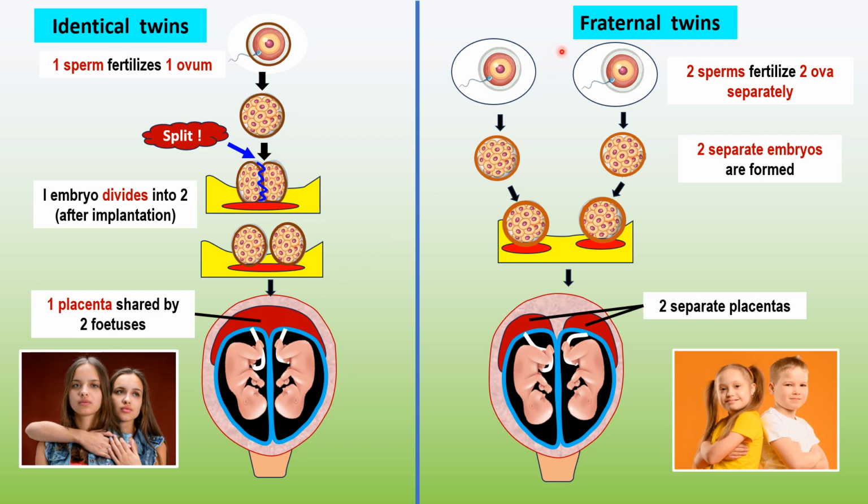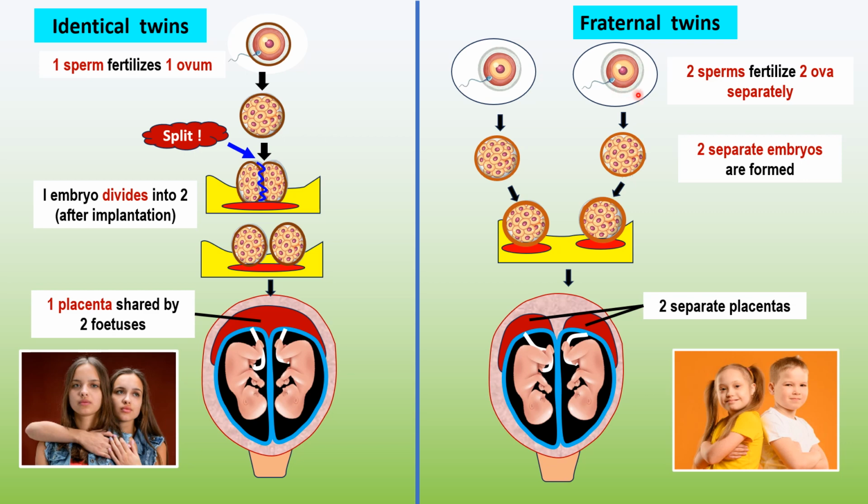Now, for fraternal twins, the two ova are released in one menstrual cycle, and these two ova are genetically different. And then they are fertilized by two sperms that are also genetically different from each other. Okay, so this will produce two separate embryos that are genetically different from each other because they come from different sperm and ovum.